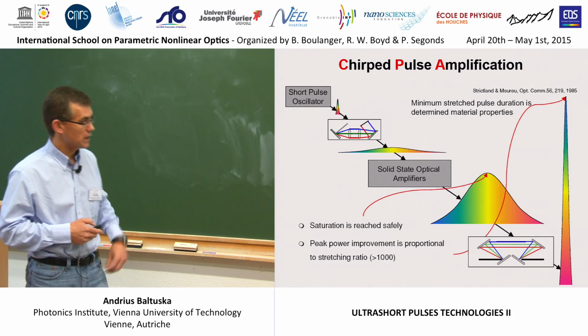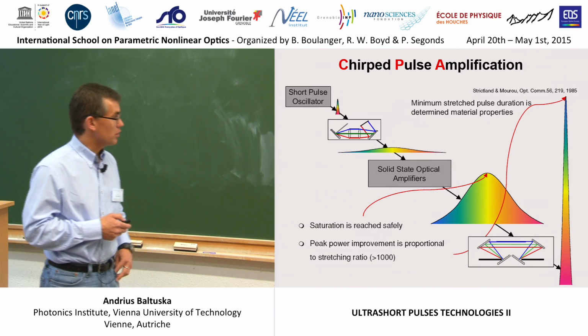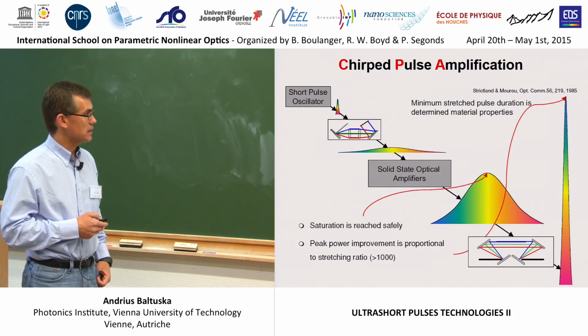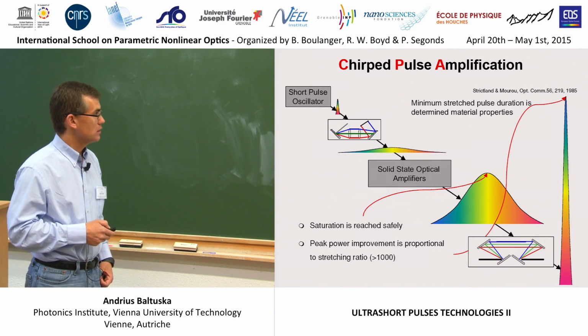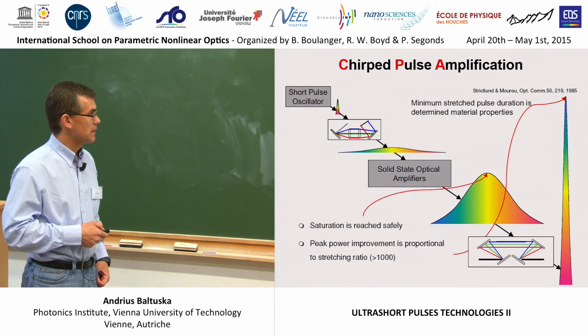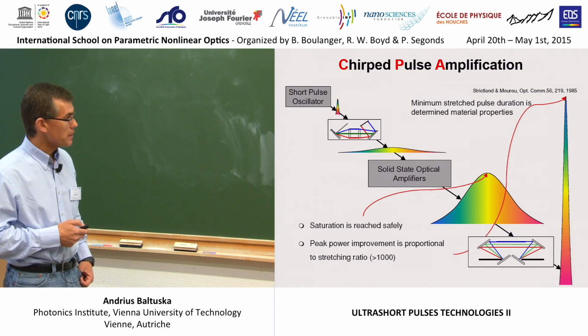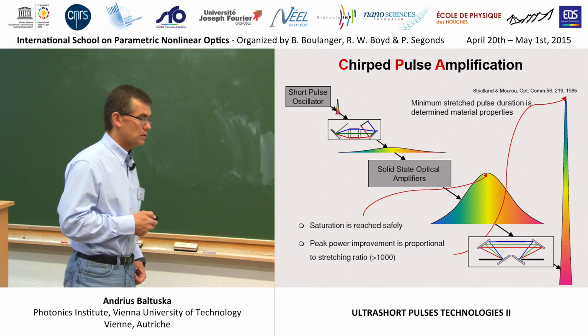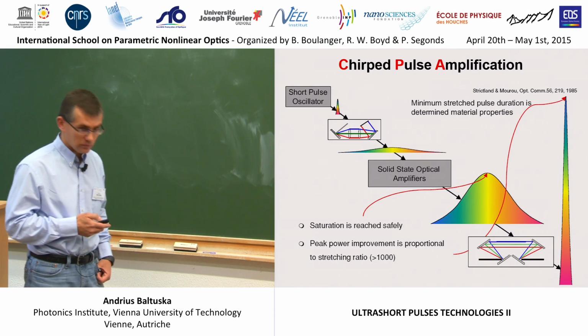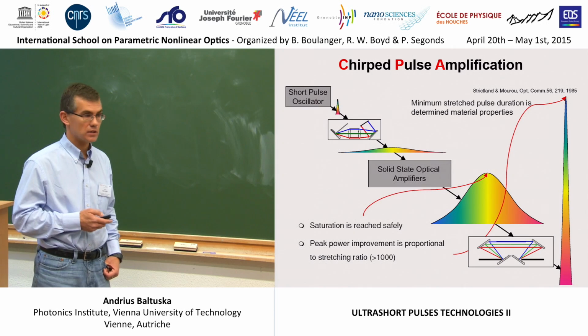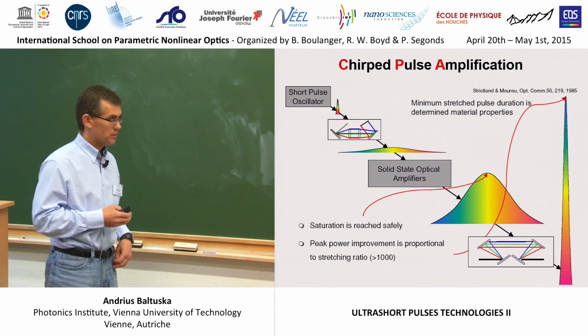So it's just to remind you of the problem that if we take a laser amplifier, we need to ensure that we extract inversion from the amplifier with a high efficiency. To do that, we need to come with high photon fluence, so photon density per area.